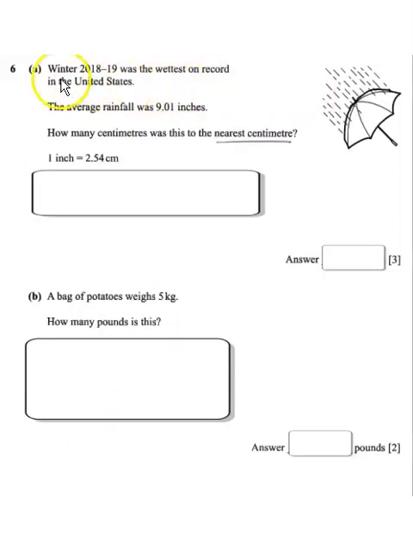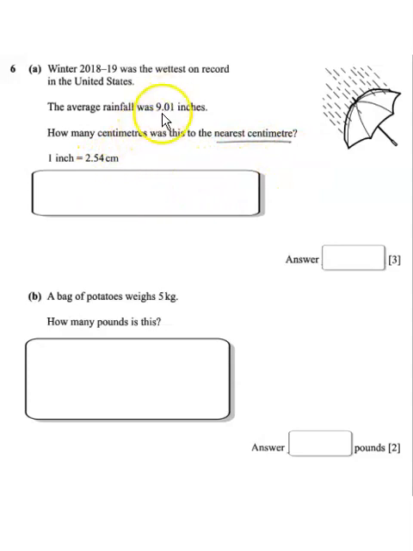So question 6, it says, winter 2018-19 was the wettest on record in the United States. The average rainfall was 9.01 inches. How many centimetres was this to the nearest centimetre? So we can see that 1 inch is going to be equal to 2.54 centimetres.